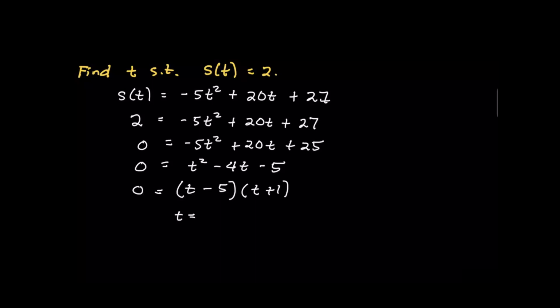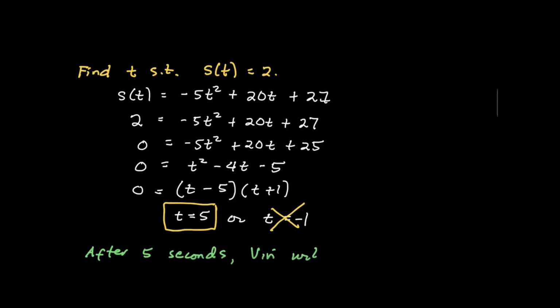Therefore, we have t equals 5 or t equals negative 1. Of course, this is impossible. Our t cannot be a negative value, and therefore we just have t equals 5. So we now say that after 5 seconds, Vin will catch the gift.